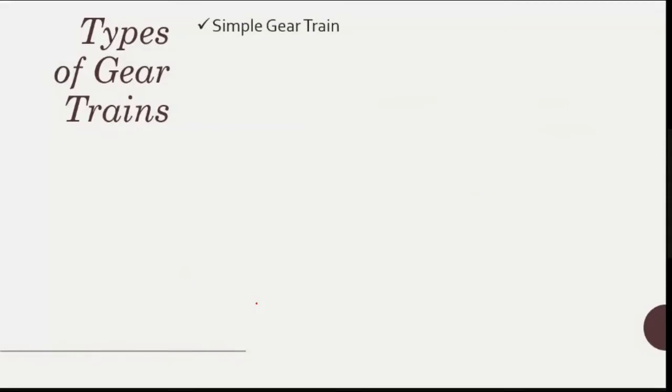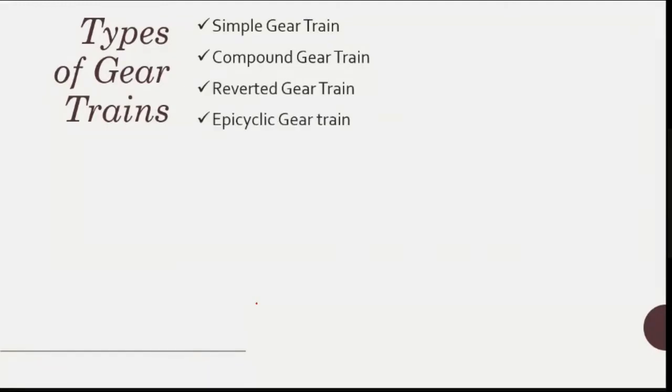Number two, compound gear train. Number three, reverted gear train. And number four, epicyclic gear train. In the first three, the axis is fixed.